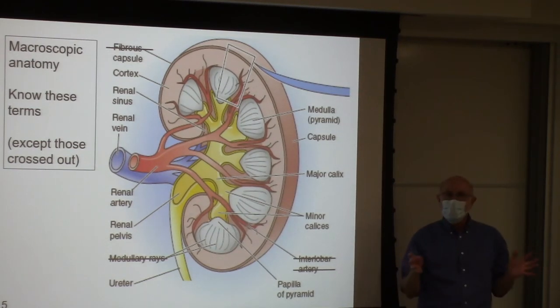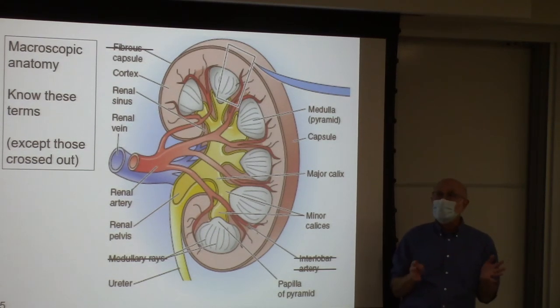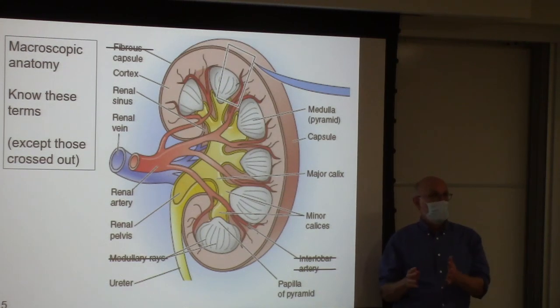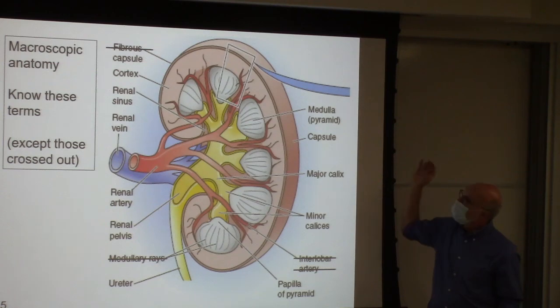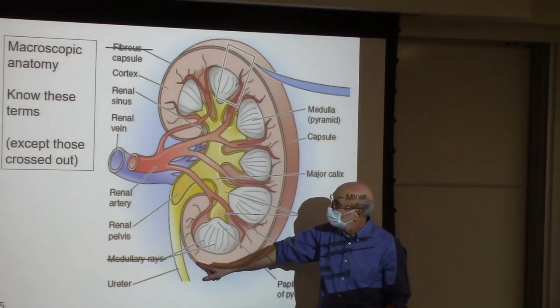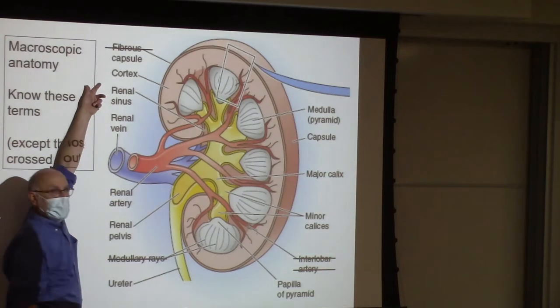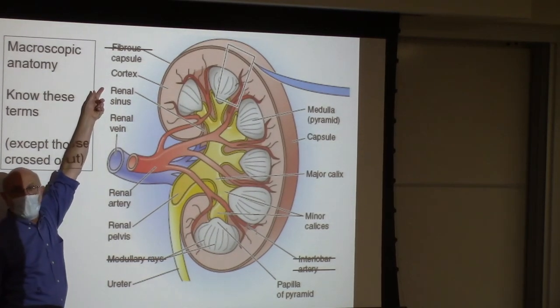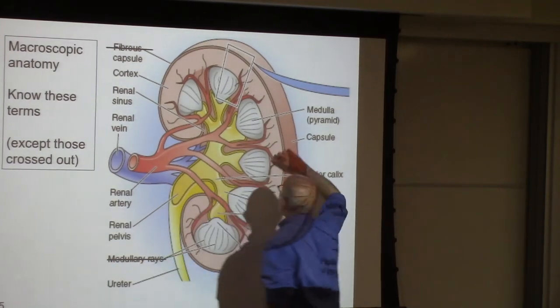If you're talking to a physician and it's not clear you're talking about the kidney, you have to say the renal cortex. But if you just write cortex on a picture of the kidney, I'll accept it. The outermost layer is called the cortex.